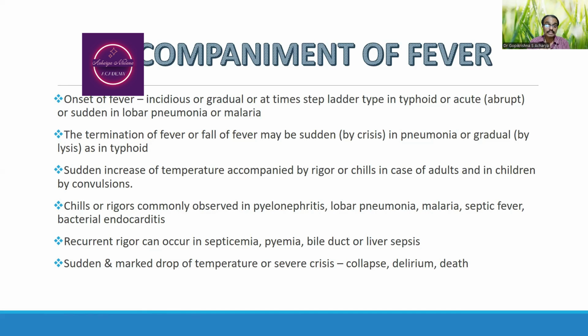That is termed insidious fever. Whereas gradual, in the sense the person has gradual worsening of the fever, which is present in a person suffering from typhoid. That is considered a step ladder pattern fever. Or there may be sudden fever in case of pneumonia or malaria, etc.